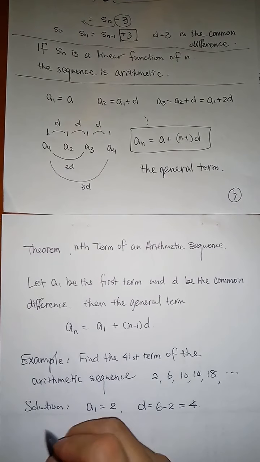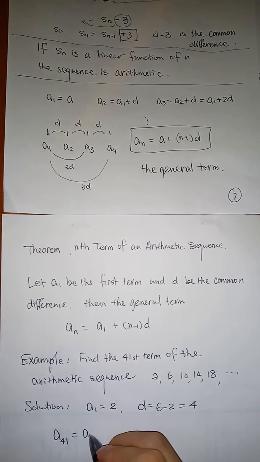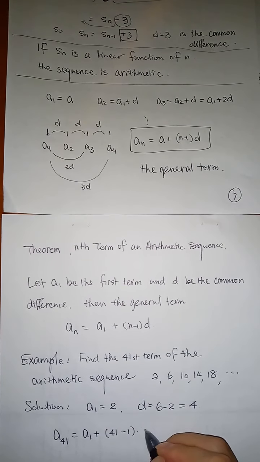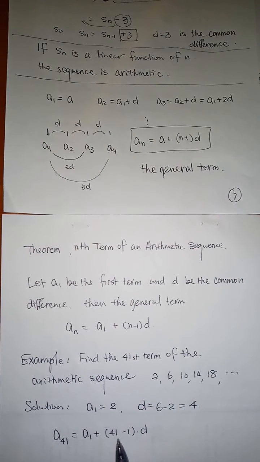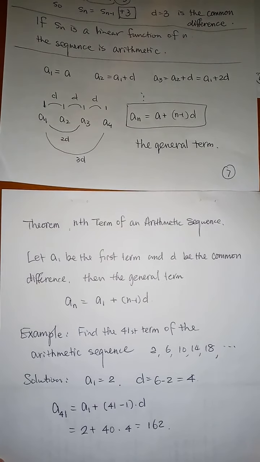First term is 2. Then A41 is A1 plus 41 minus 1 times D. So it's n minus 1. So A41 is 2 plus 40 times 4. 40 times 4 is 160, so 162.